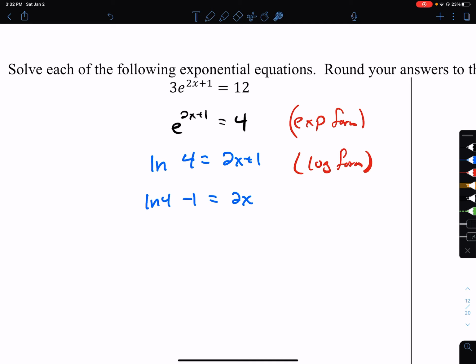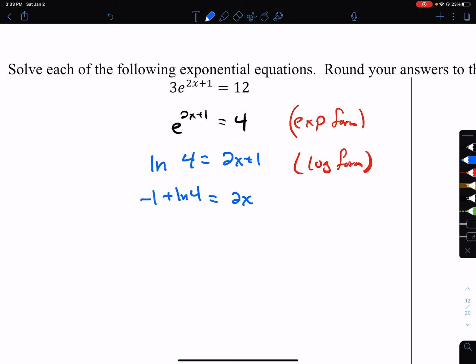Before I do that, I want to make a point. Writing this as natural log of 4 minus 1, some folks might think that we meant that we're subtracting 1 from 4, which we're not. This is natural log of 4, minus 1. To avoid that confusion, I think it's best if I put this minus 1 in front. It's a -1 plus natural log of 4. And then nobody would confuse that -1 as being part of the argument.